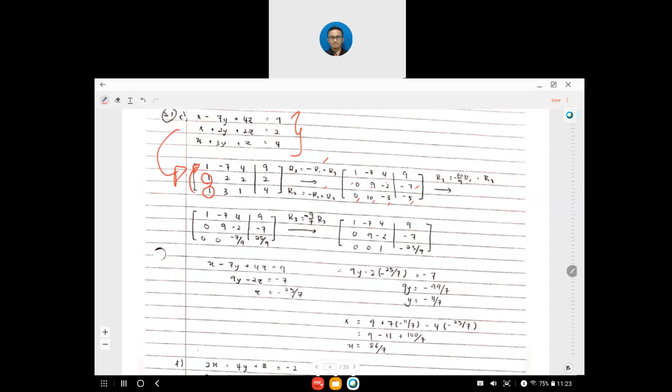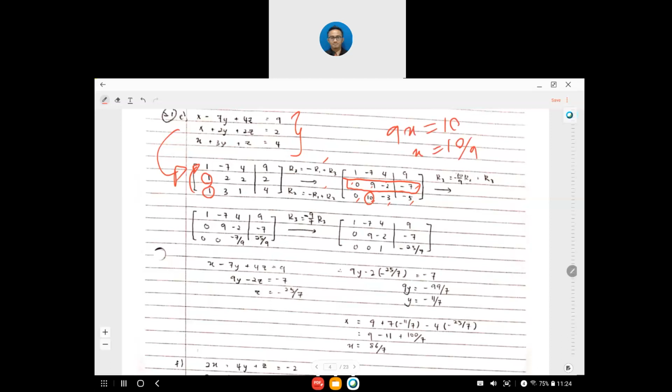Next, our target is to transform this value of 10 to become 0. In order to make this value of 10 become 0, you must use row 2. Row 2 is 9, so 9 should be multiplied by what value to become 10? So x equals 10 over 9.